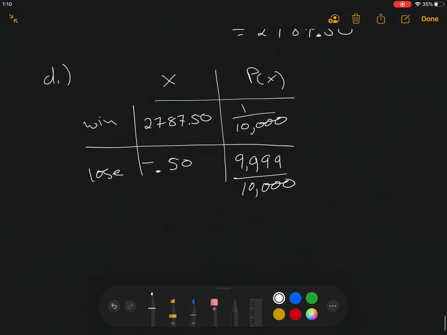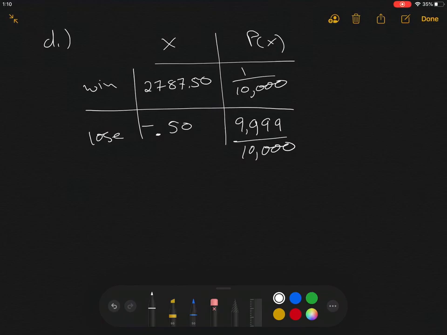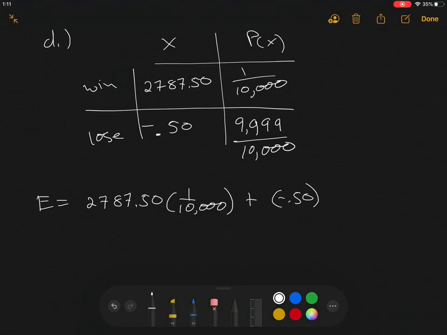And then you just multiply across. So the expected value is equal to 2,787.50 times 1/10,000th, and then plus negative 0.50 times 9,999 divided by 10,000. And so that would get us our expected value.